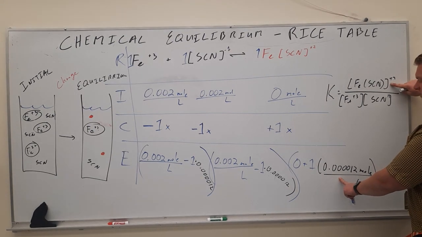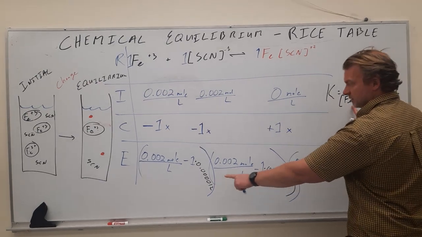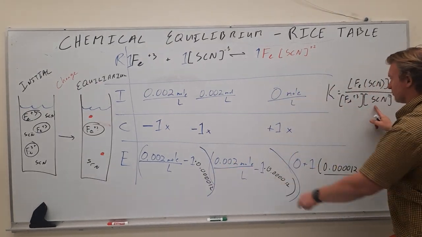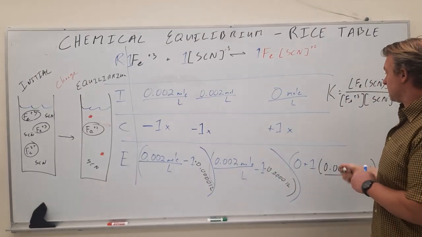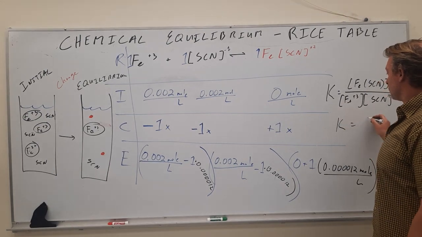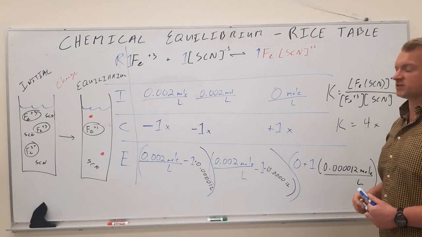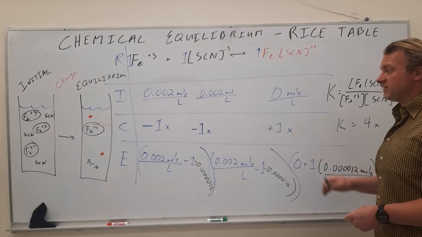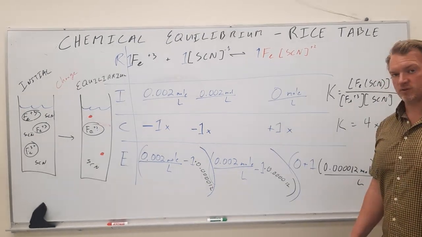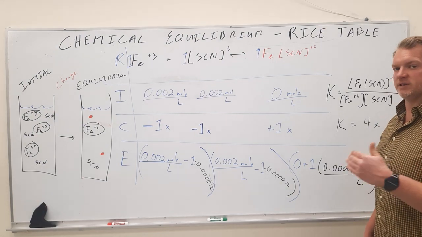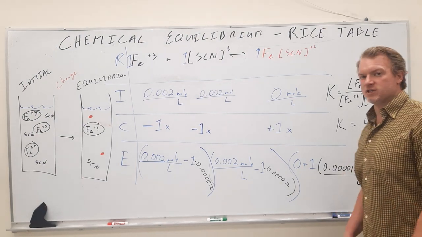We would plug in this number here, plug in this number here, and plug in this number here, and get a value for K. Now this should be done 4 times for each of the 4 solutions that you ran in this lab experiment. And these K values should all be very similar to each other. They're not going to be identical, but they should be similar values. I hope this helps. Thank you.